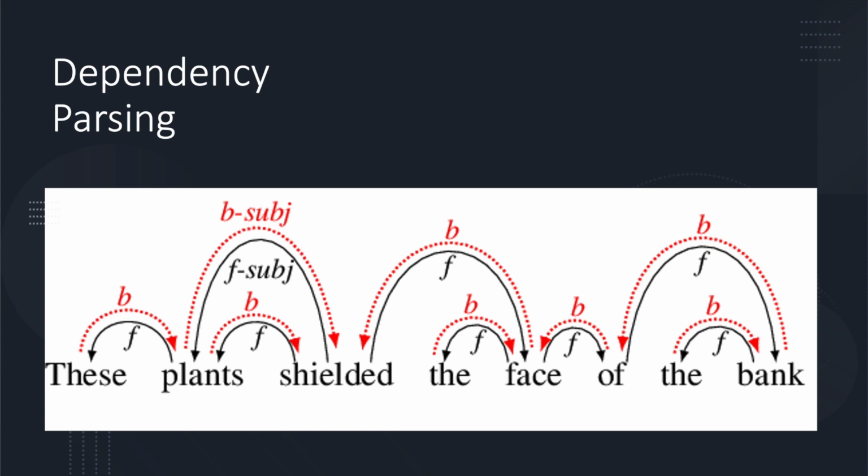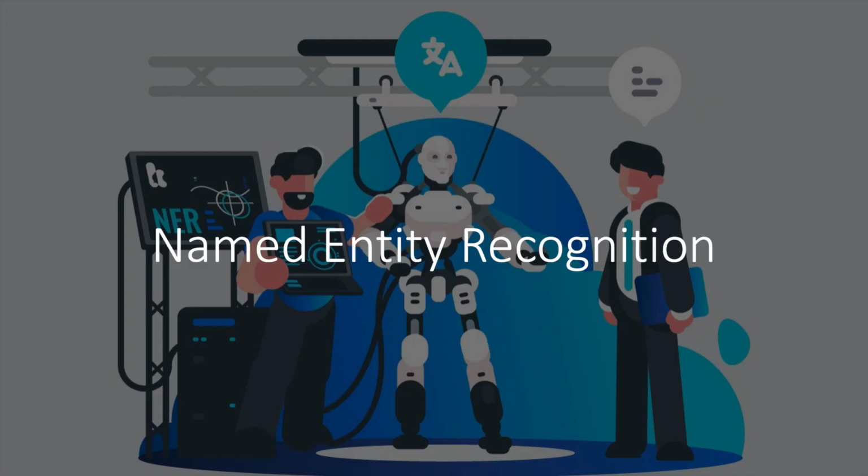NLP algorithms build a parse tree which defines the root word in the sentence and bridges the gaps between other tokens. They may also define a parent word for each token to gain more insight and subsequently to understand the core concept. And another thing that I'm going to discuss here, we're almost there, is named entity recognition.